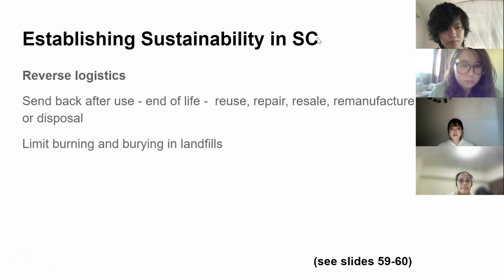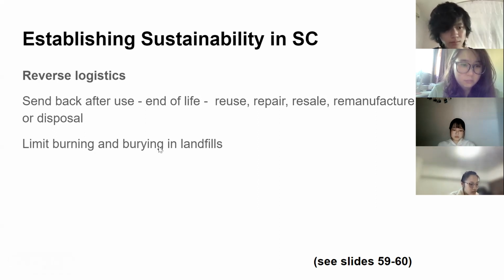But in terms of supply chain, how do we do it? They call it reverse logistics. There is a huge amount of used computers and used handphones being buried in landfills.